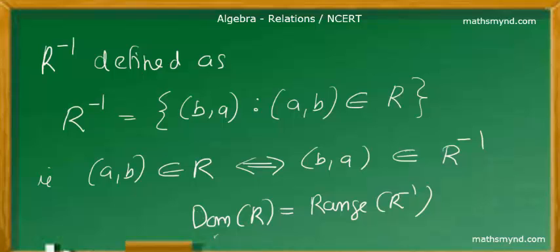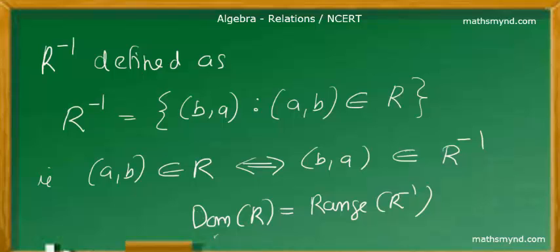Now, the key point is that only if the ordered pair A, B is an element of the relation, then you will be getting the inverse relation. So that's the important point. A, B is an element of the relation if and only if B, A is an element of r raised to minus 1, the inverse relation.